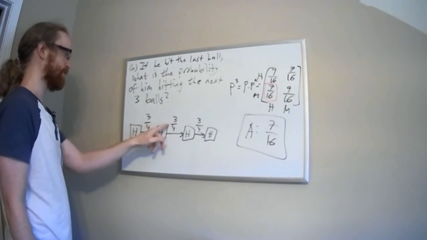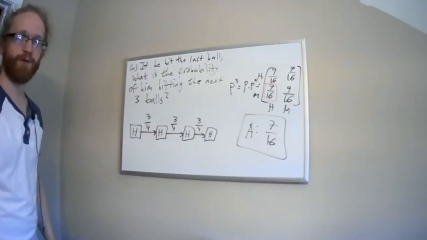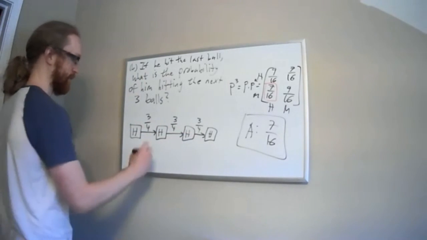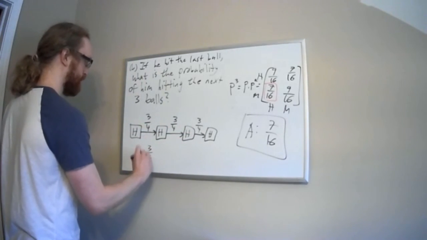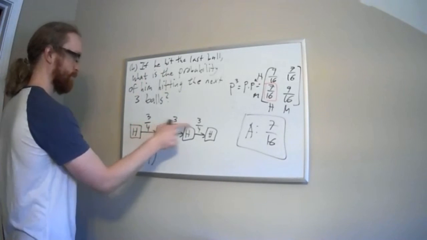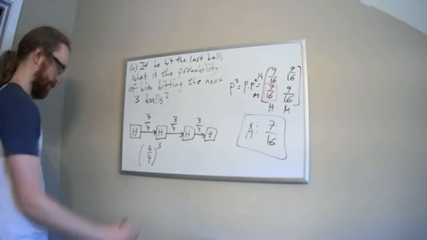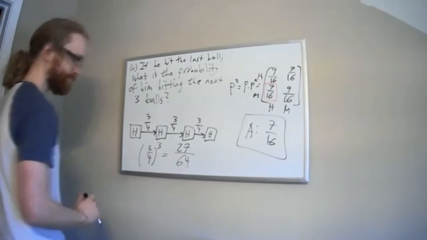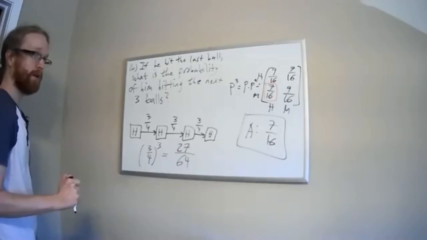And so I just need to multiply these 3/4, and that's my answer. I don't need to add anything up. I just multiply all 3 of these numbers, and I'm done. So the answer is just 3/4 to the 3rd power, and if you like, that's 27/64.